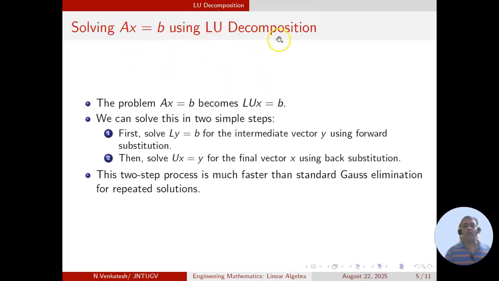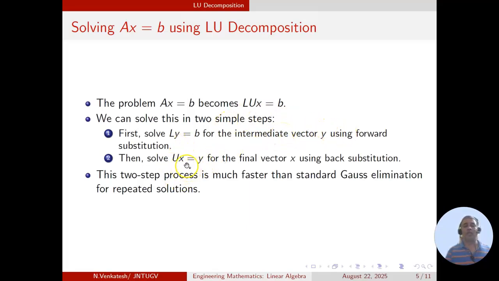Now, how are we going to do that? So we consider Ax equal to B, and in place of A, we consider LU. So LUx equal to B, and you consider this Ux as some Y. First we have to solve Ly equal to B, which gives an intermediate vector Y, which we solve by using a forward substitution.